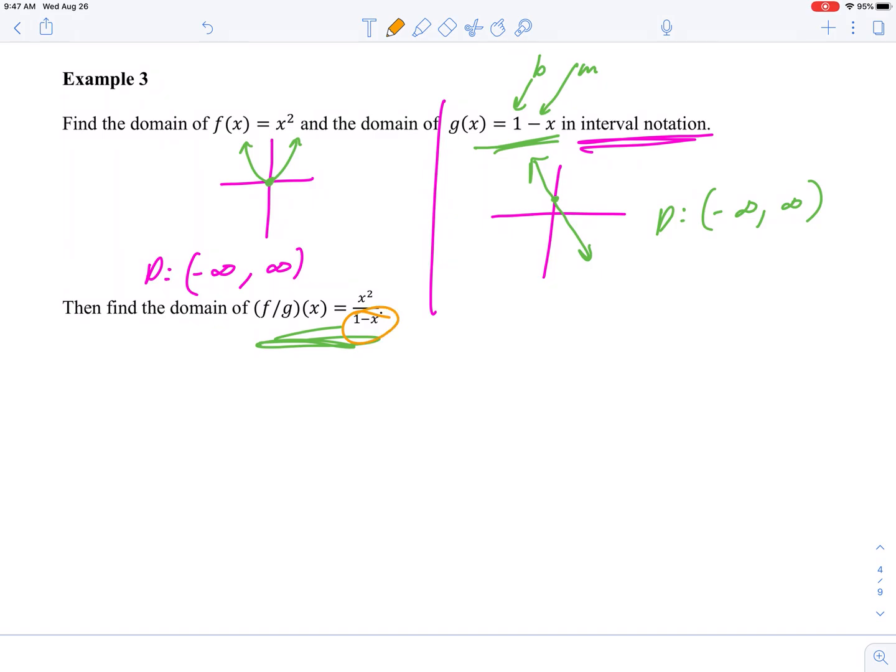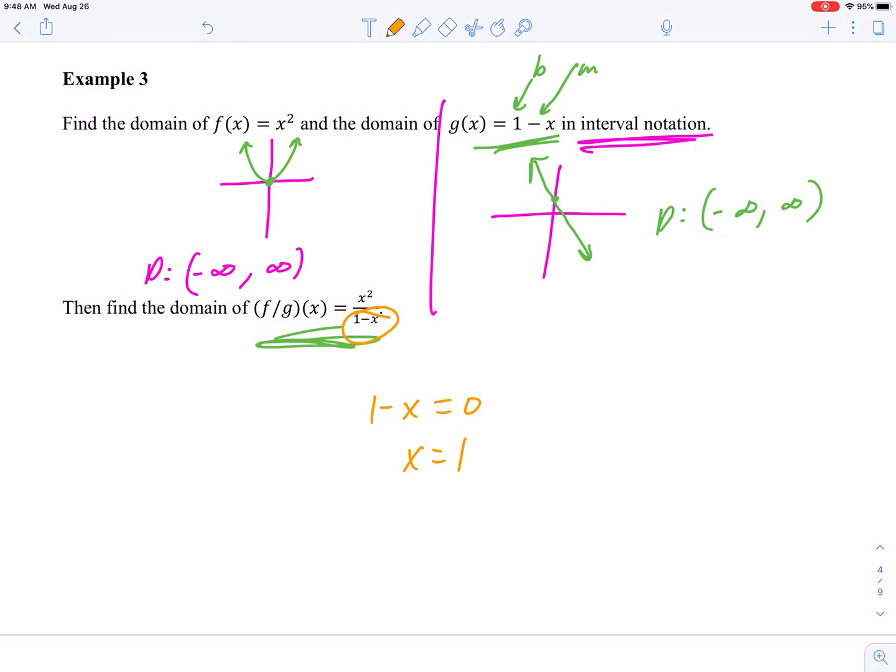We have to exclude any value that would put a 0 down there. I know this one's very easy, but I'm going to remind you of the process. To find the restrictions on the domain of a fraction, we take the denominator, set it equal to 0, and solve, right? Well, this one's easy, x equals 1.